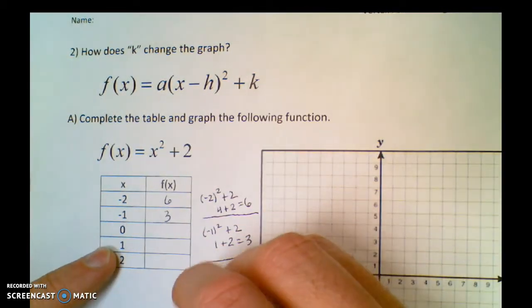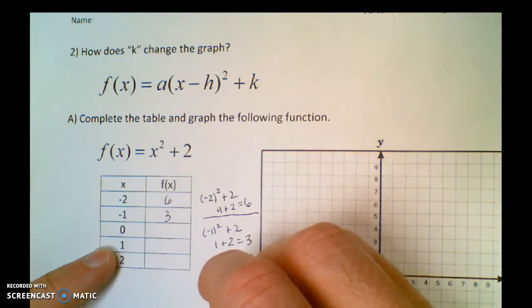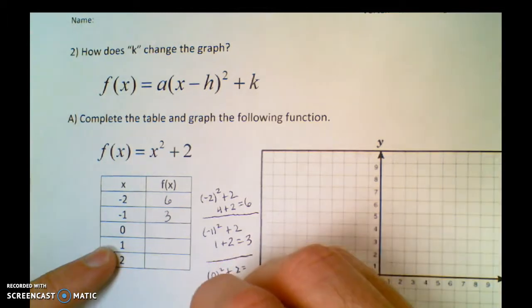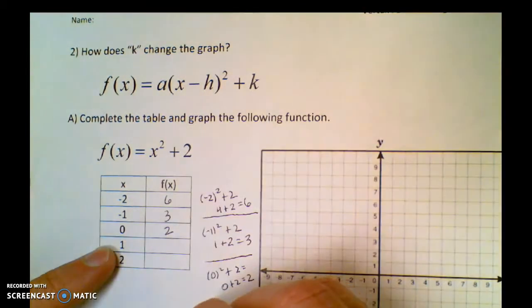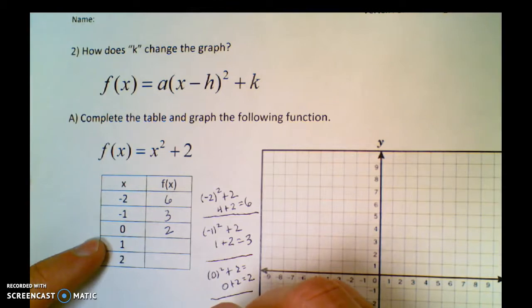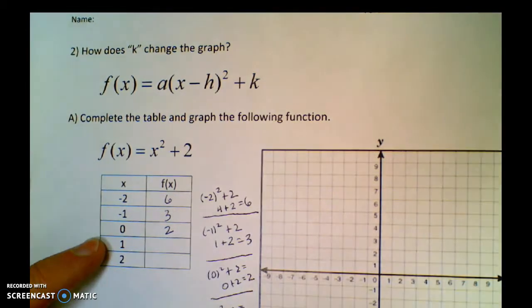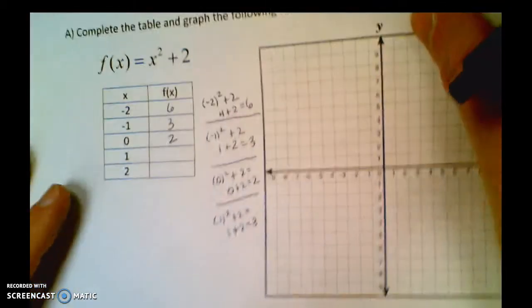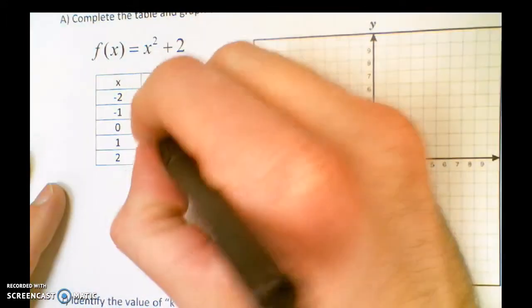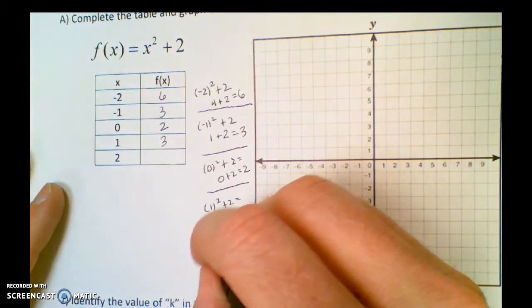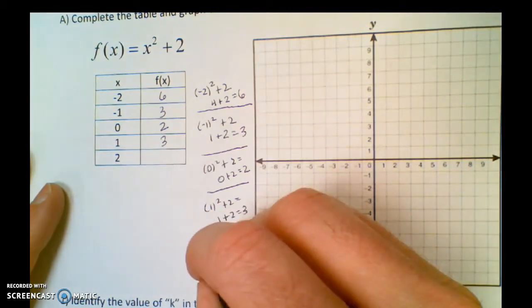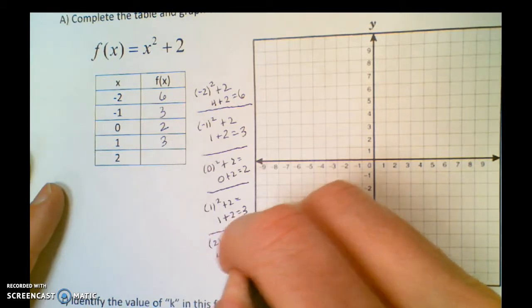Plugging in 0, I get 0 squared, which is 0 plus 2, gives me 2. Plugging in 1, 1 squared plus 2 is 3, because 1 squared is 1. And then finally, plugging in 2, 2 squared is 4, 4 plus 2 gives me 6.